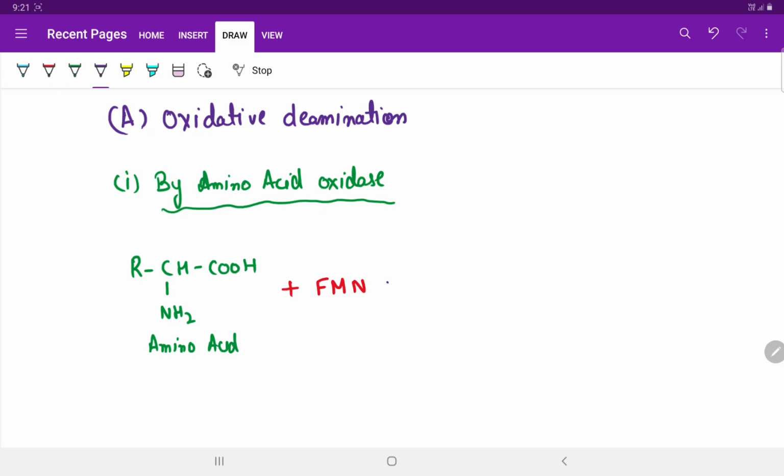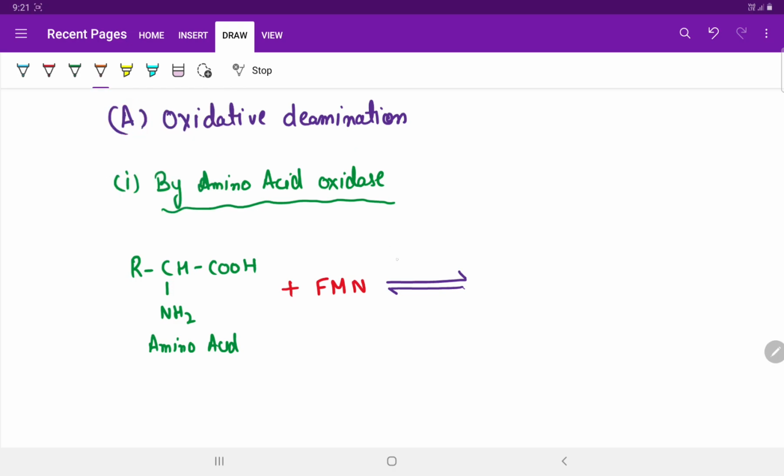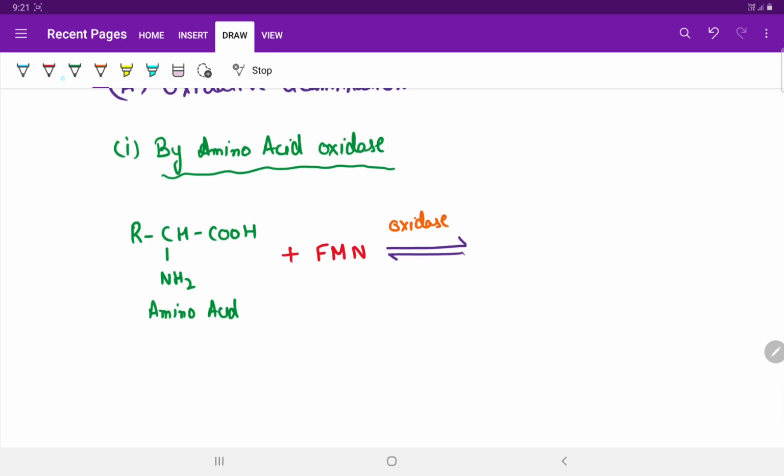They are generally reversible reactions taking place in presence of enzyme oxidase, L-amino acid oxidase, or simply an oxidase enzyme. So this will be taking place in presence of enzyme oxidase and leads to formation of an imino acid.